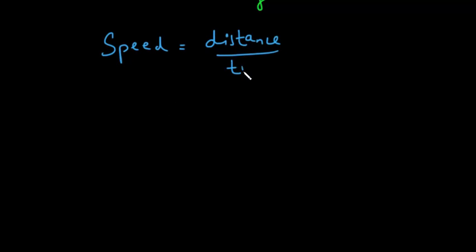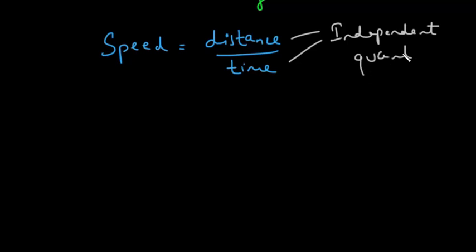Like speed is written as distance upon time. Here time and distance are independent quantities, and speed can be written as the combination of these independent quantities.